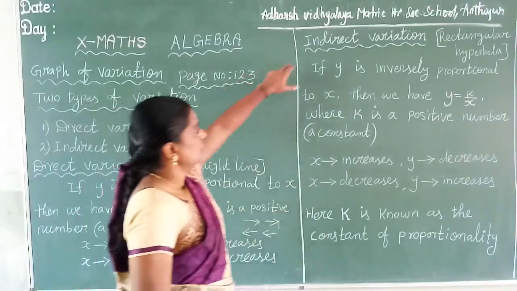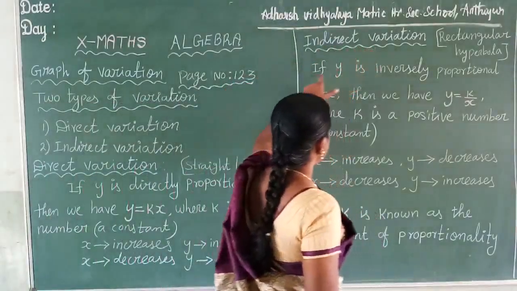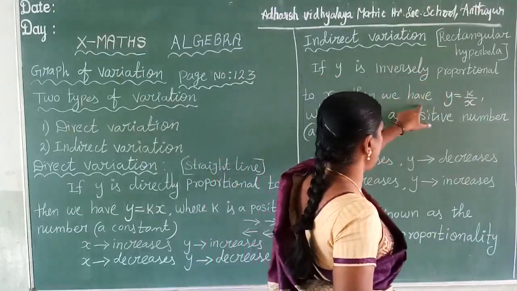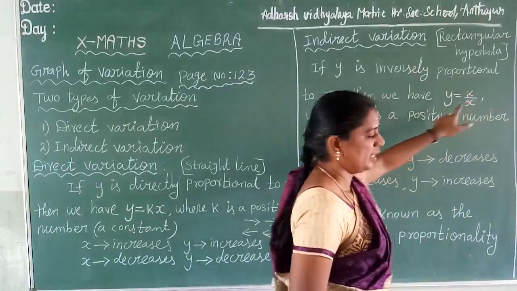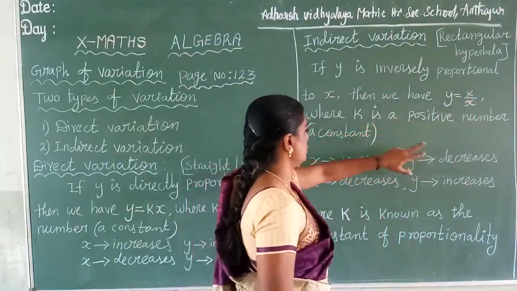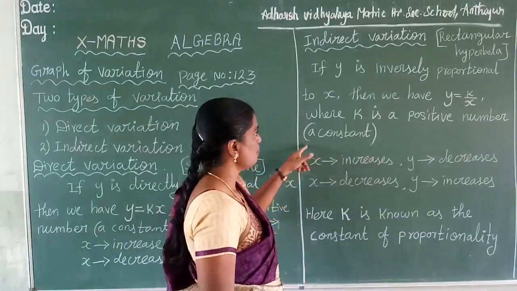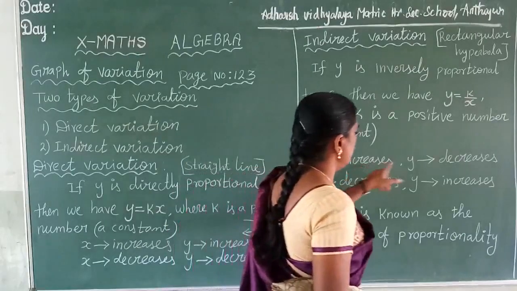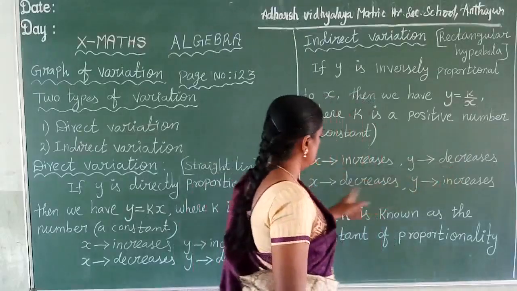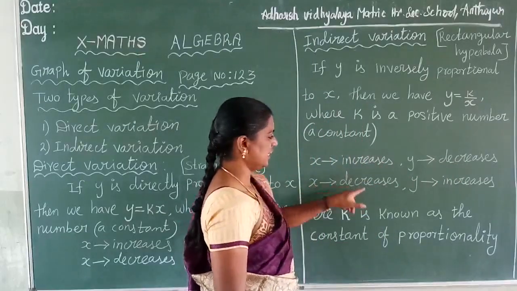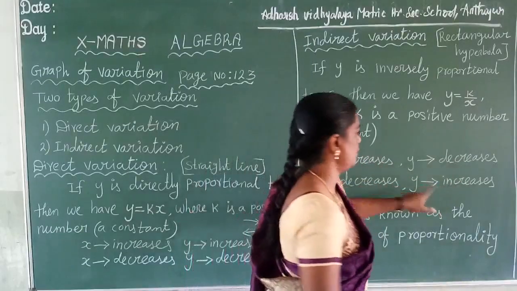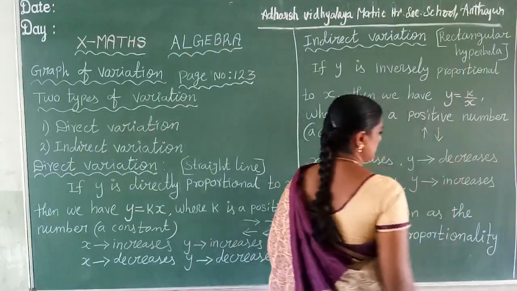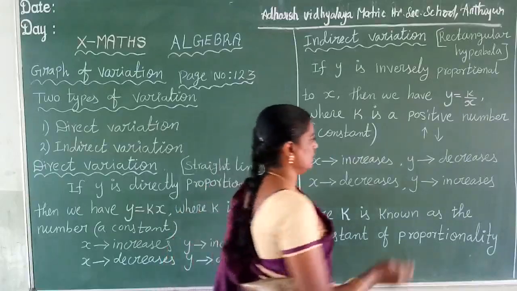Next, indirect variation. Here if y is inversely proportional to x, then we have y equal to k by x, where k is a positive number, that is a constant value. How do we identify indirect variation? Here x increases, y decreases. Otherwise, x decreases, y increases. That is the indirect variation.